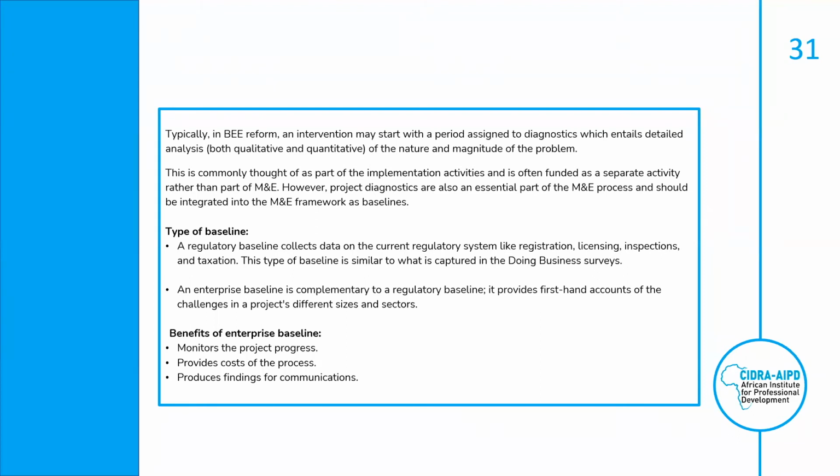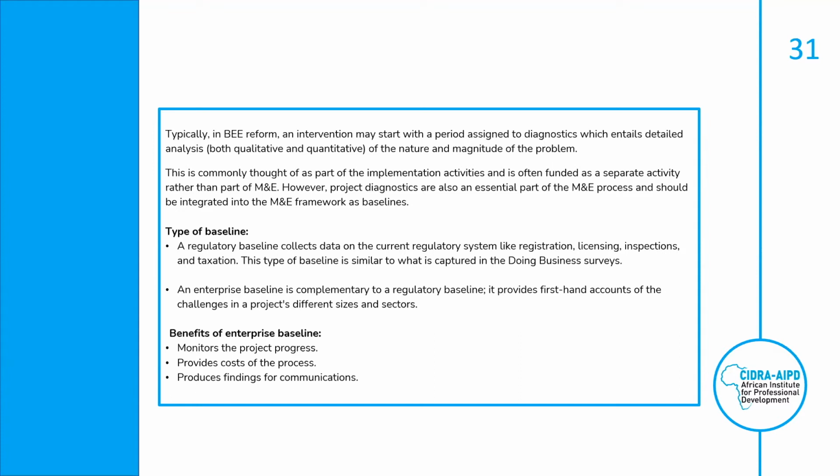Typically, in business environment reform, an intervention may start with a period assigned to diagnostics, which entails detailed analysis, both quantitative and qualitative, of the nature and magnitude of the problem.